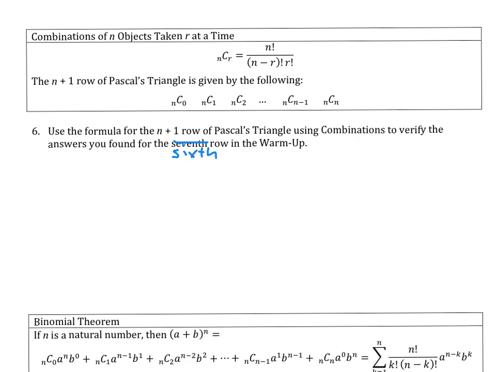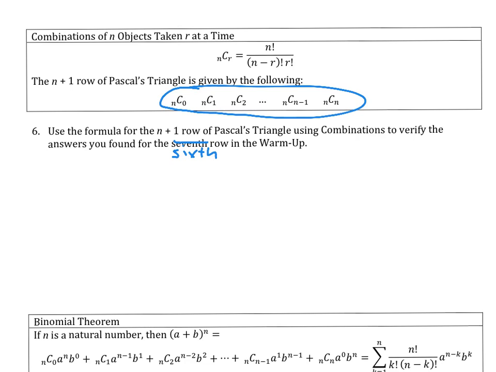So when we found row 6, it started with a 1, 6. And the way the numbers are found is you just take the exponent, which is n, and you start with nC0. So the coefficient for the first term will be nC0. Well, anything C0 is always 1.